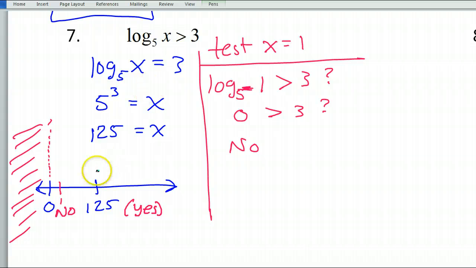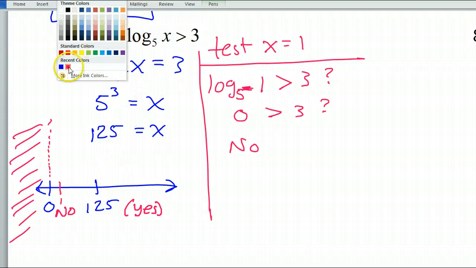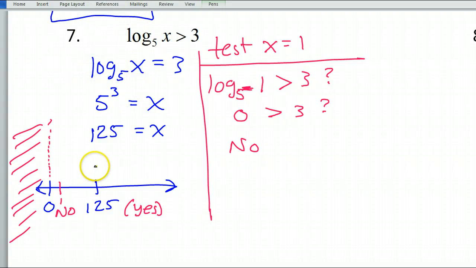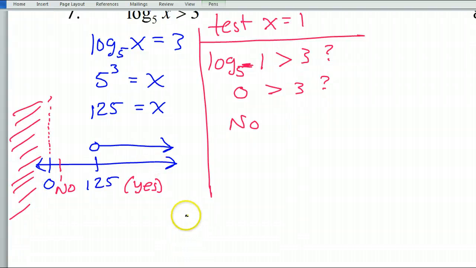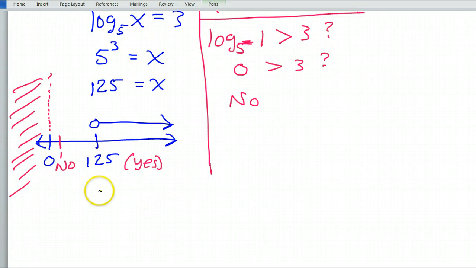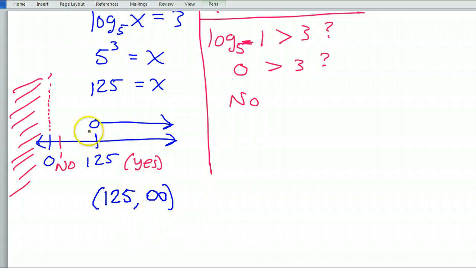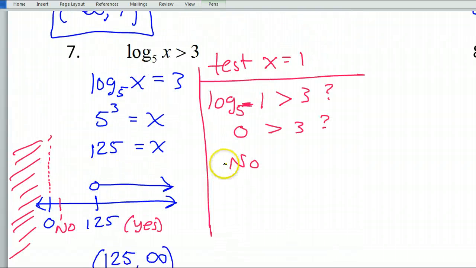We are not including the critical point, so I'll put an open circle and put my arrow to the right, because that's where the solutions are. So in interval notation, the solutions are 125 to infinity. Just like that. Open circle, rounded parentheses. That was number 7.